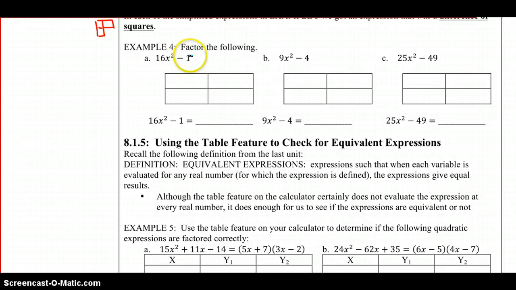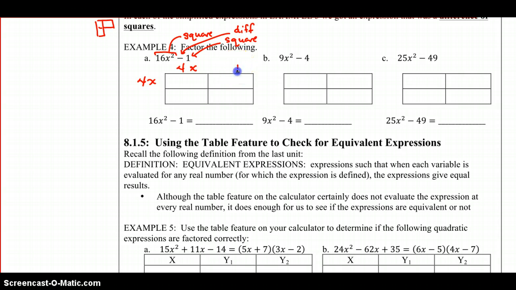So if we think about working those problems backwards, we want to factor the following. So we should recognize that 16 and x squared are both squares. So this is a square, and this is a square number, and we have a difference. So we have a difference of squares. To get 16, let's look at its square root, 4 times 4 to give us 16.